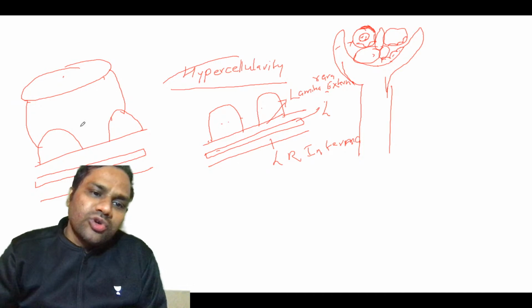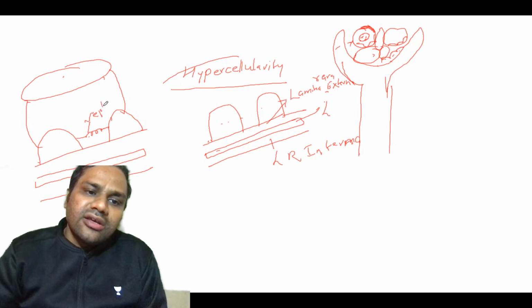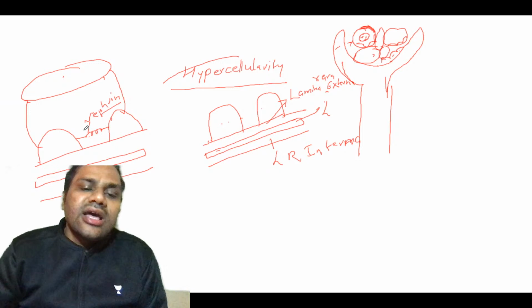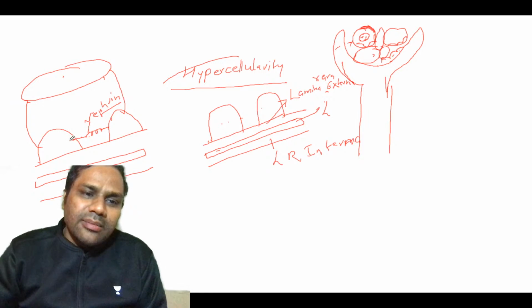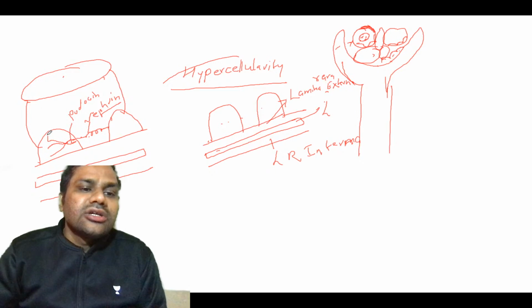Now these foot processes will be connected with each other here by nephrin. So this is nephrin, and this nephrin will be connected with the foot process by podocin. This podocin will be connected with the actin filaments, with the help of CD2.